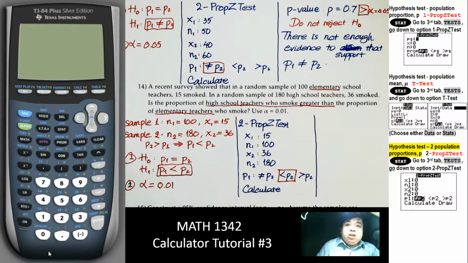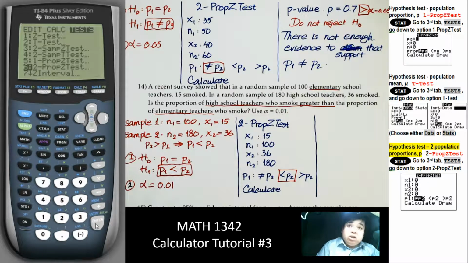When we calculate, we just take the p-values as always. Stat, two proportions z test, number 6.